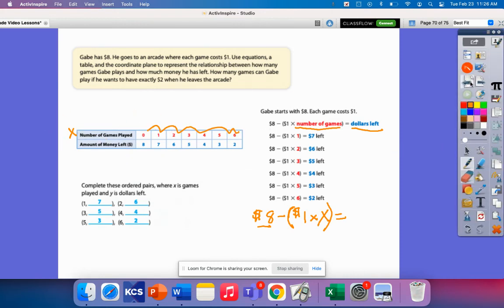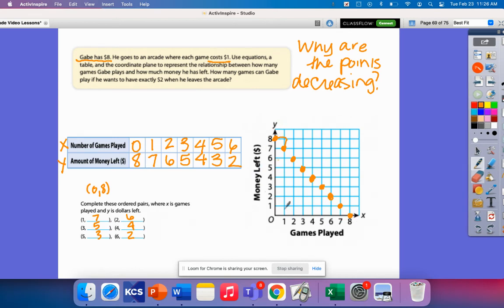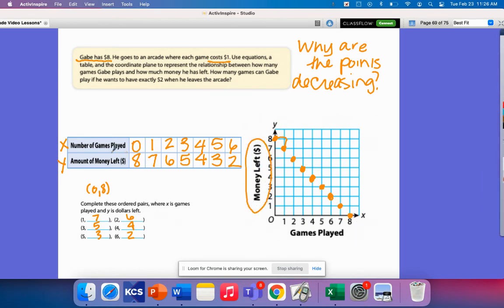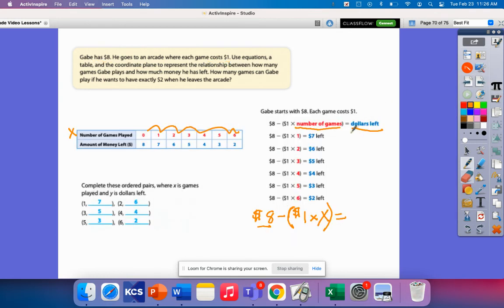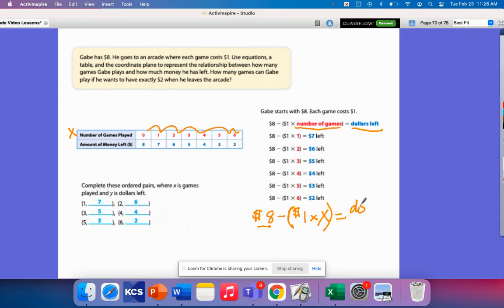If we think back to our X and Y axis, money left is our Y value. So it equals dollars left, or it can equal Y, because Y is also changing. This changes each time because the number gets less. So altogether, 8 minus 1 times X equals Y.